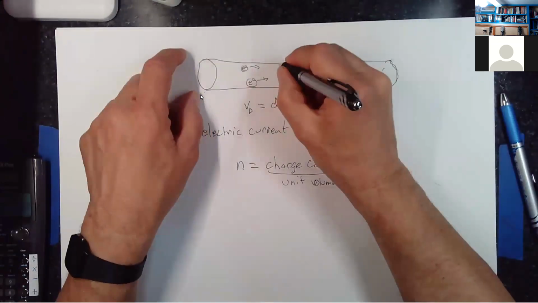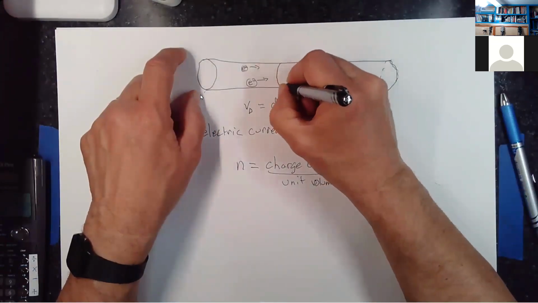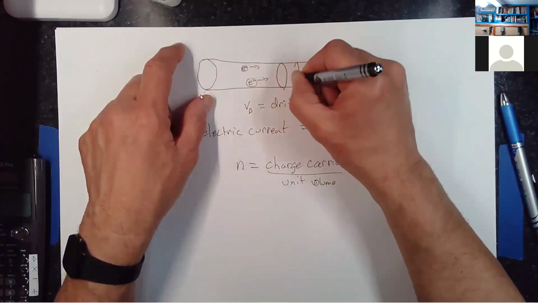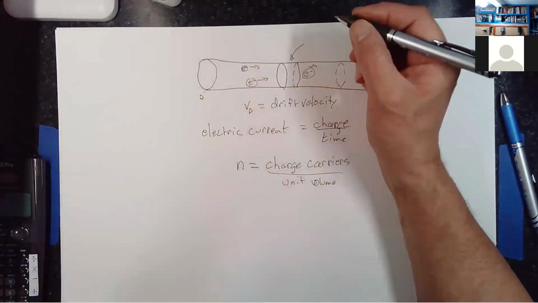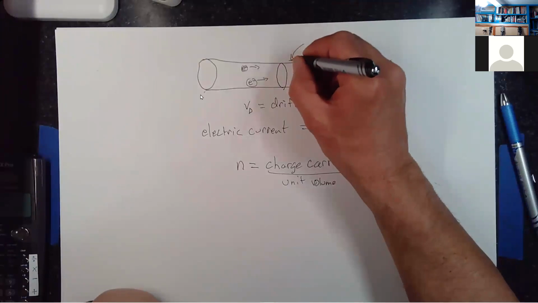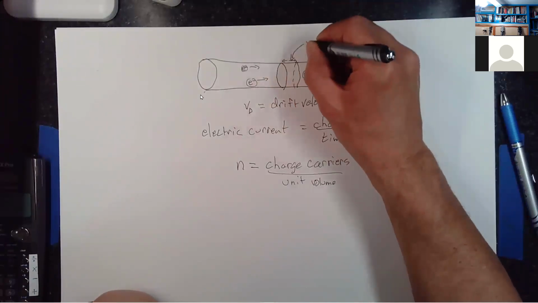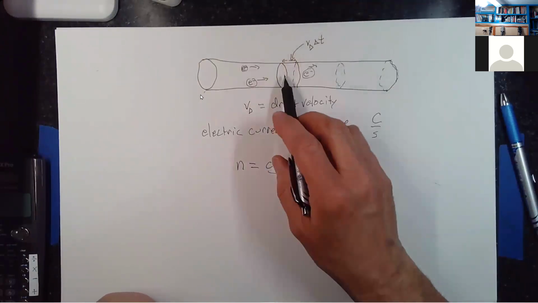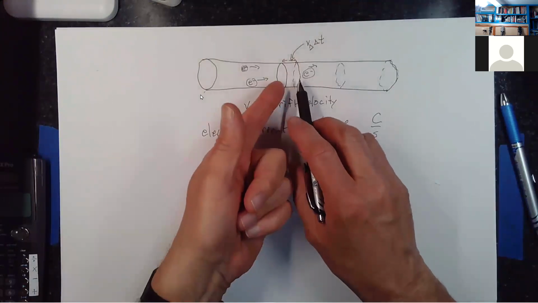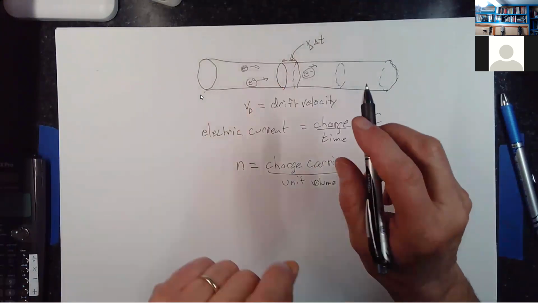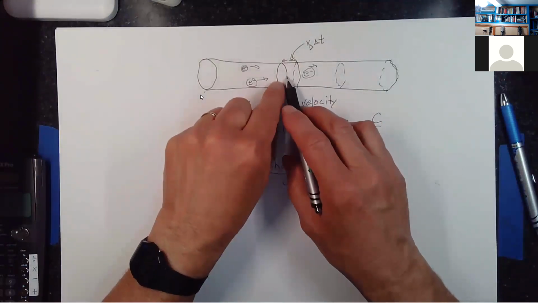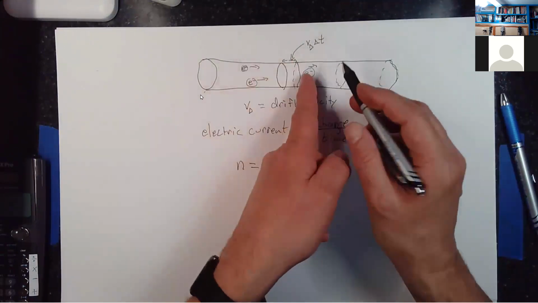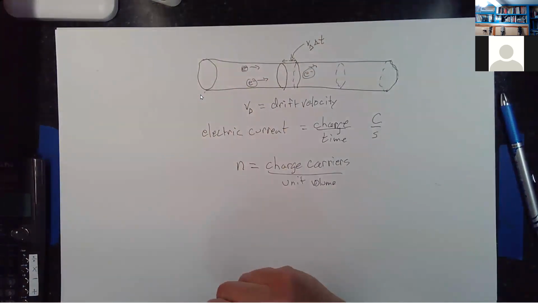And then we'll imagine some little slice of the wire, and this will have a width of V sub D delta T. And this will be the volume of space in which all of the charges will go from either within this volume or on the left end of the volume through some little slice of it in a unit time.